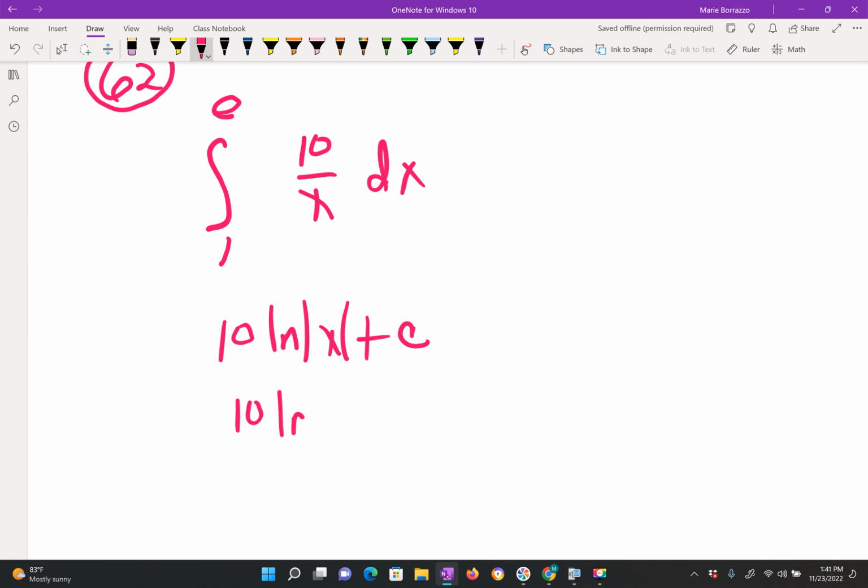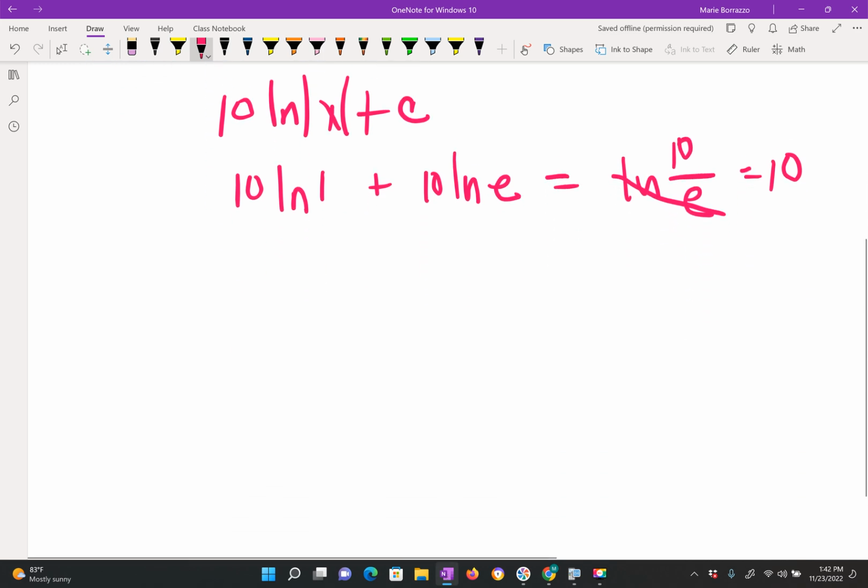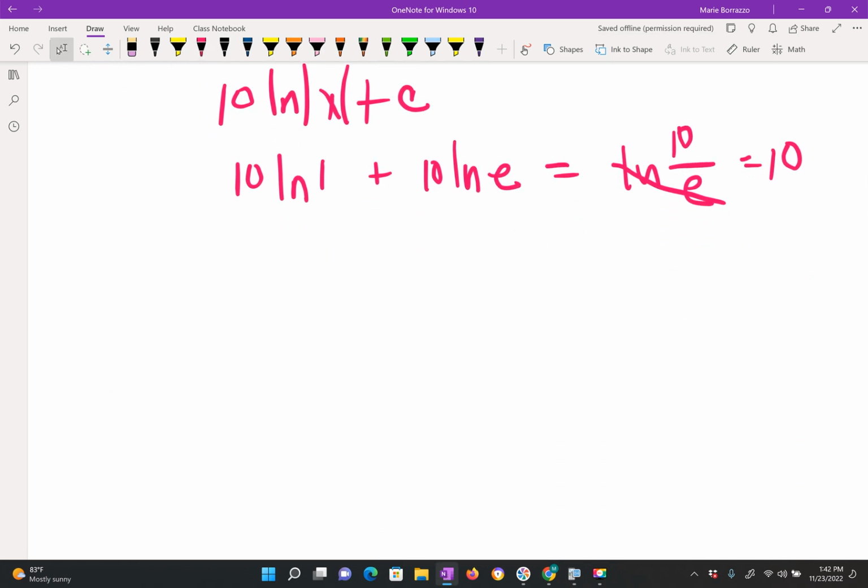So 10 natural log of 1 plus 10 natural log of e, and you end up with natural log of 10 over e as a final answer. So for 62, once you're done differentiating it, the answer, because the natural logs always cancel, will be just 10. Natural log and e, natural base e always cancel.